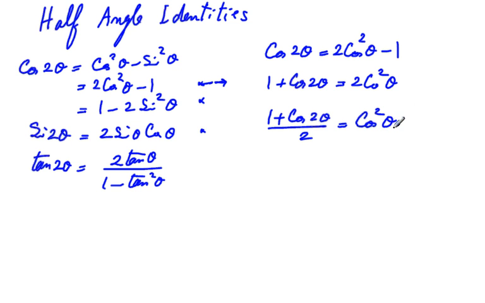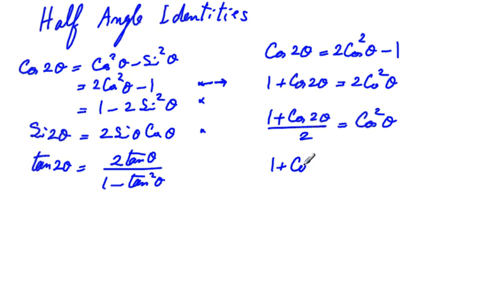Now the way this looks is that the angle here is half of the angle over there. So this identity is really what you had here to begin with. You just rearrange it. Sometimes, to make it explicit that one of these is half of the other one, they might write it like this.